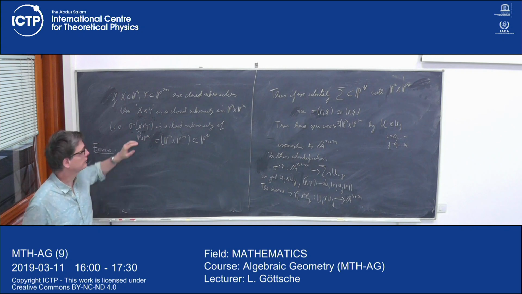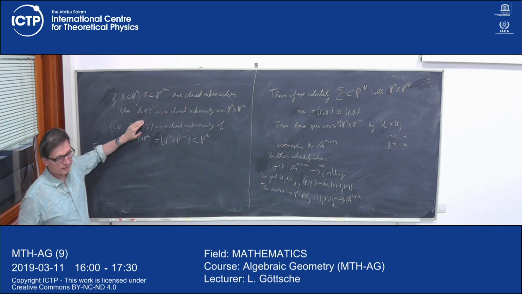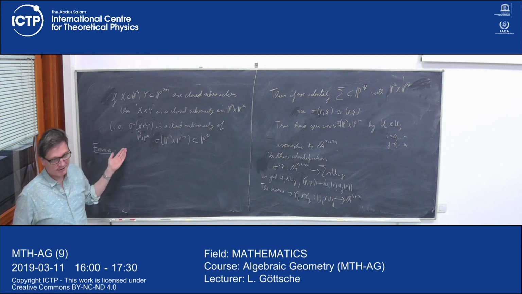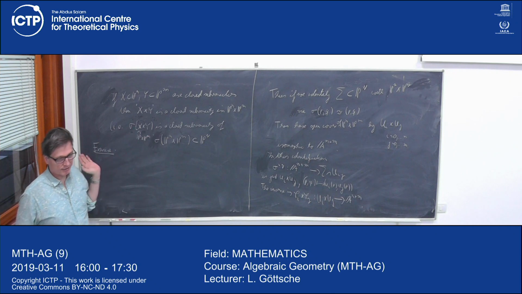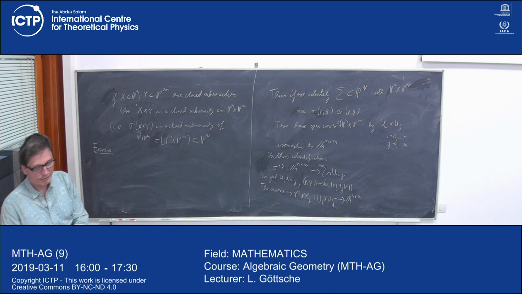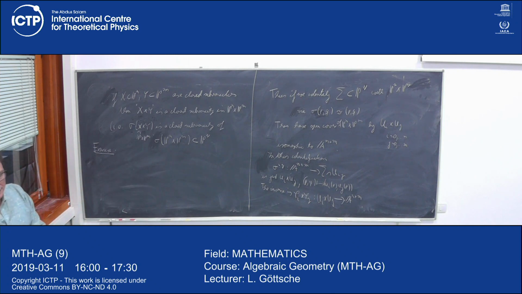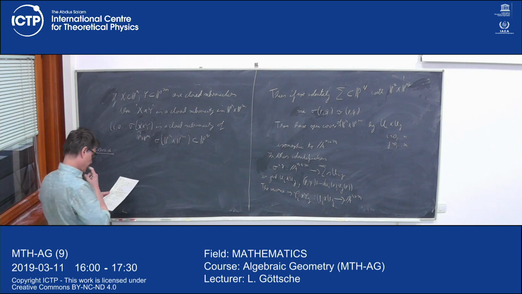That would be more natural. You say a function is regular if the composition is regular, a map from this thing to anywhere is a morphism if the corresponding composition with the Segre embedding one way or the other is regular. But I would stick to this.